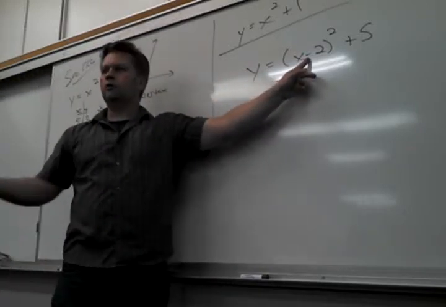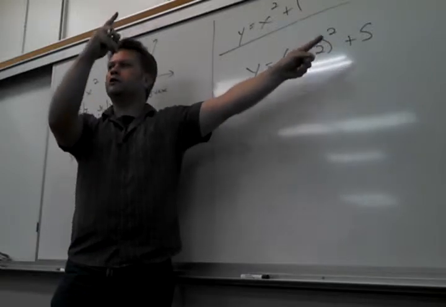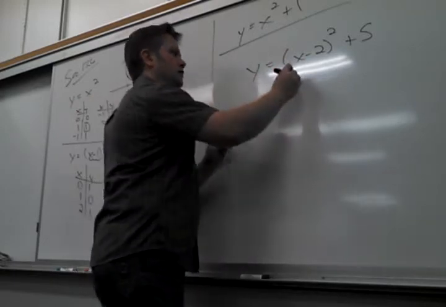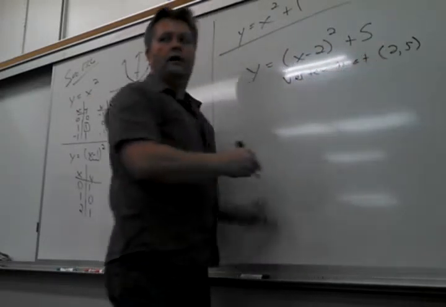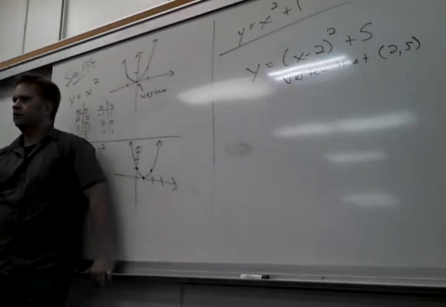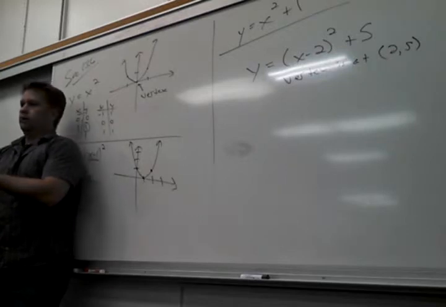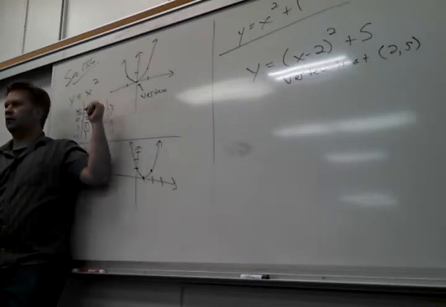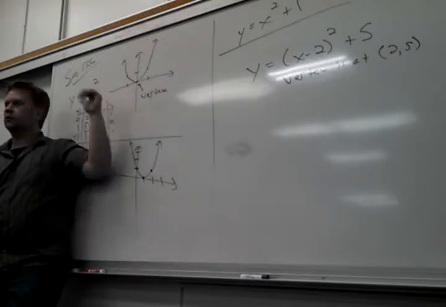It went over 2, up 5. So the vertex is at 2, 5. Let me just let you absorb that for a second. If I would have just told you that, I'm sure most of you would have been like, yeah, sure. I had to give you a little bit of background, and you're going to do a lot more of this in pre-calc. For some reason, we actually don't do any of this in here. It's just stupid.